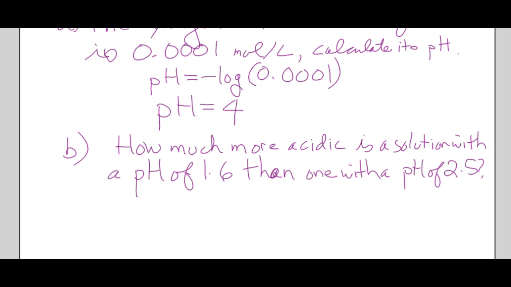We have special knowledge because there are people in here who've done chemistry. So we know that 1.6 is more acidic, it's lower. The closer you get to 0, the more acidic you get. So it's more acidic than a solution with a pH of 2.5, which is higher. It's still pretty acidic. 2.5 is no slouch on the acidic scale.